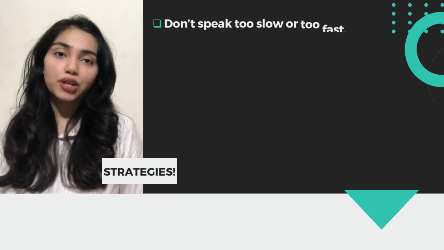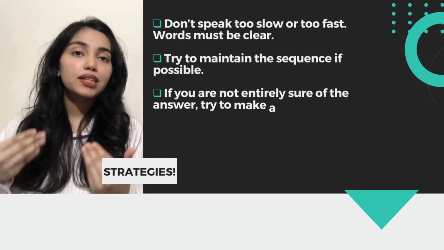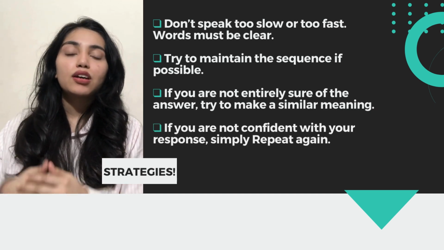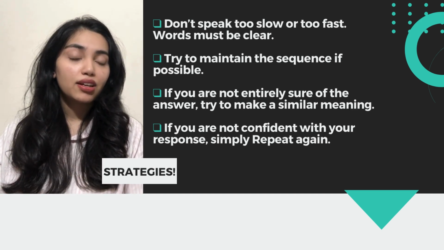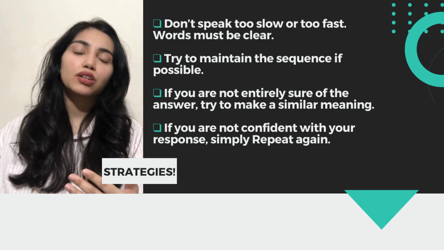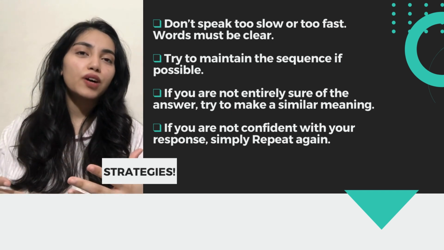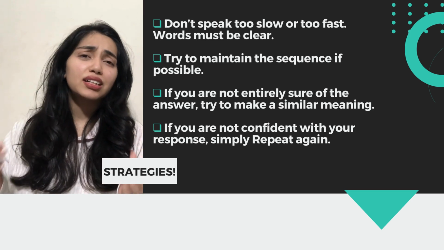Continuing with our strategy discussions, now let's talk about the speed in which you attempt the repeat sentence questions. We're going to have to try to sound as natural as we can, which means that we cannot speak too fast, and also we cannot speak way too slow either. If you speak too fast, a lot of the words that you're saying are not very clearly audible.